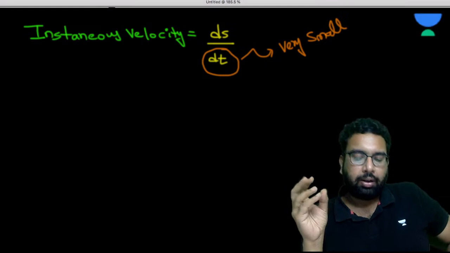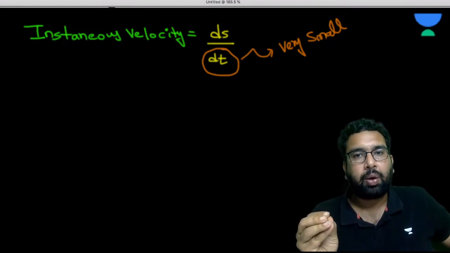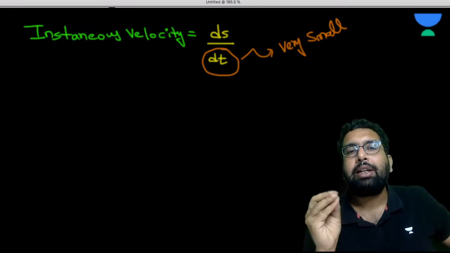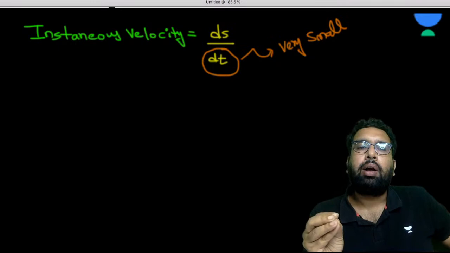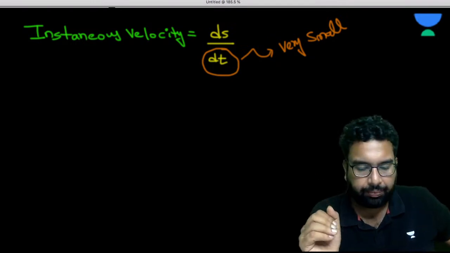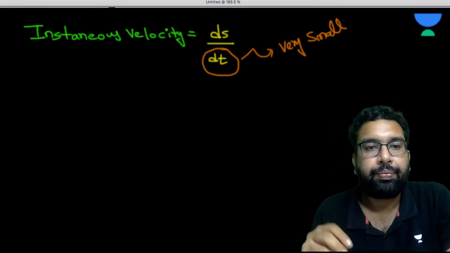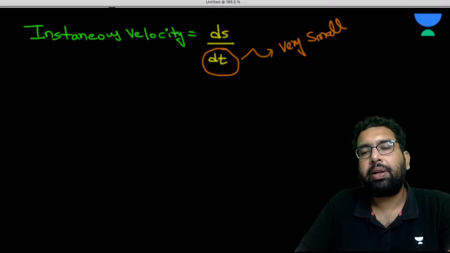In a way, you are freezing the time for a moment and then seeing the velocity. Understood, beta? Please answer me. I hope this is fine to everyone.